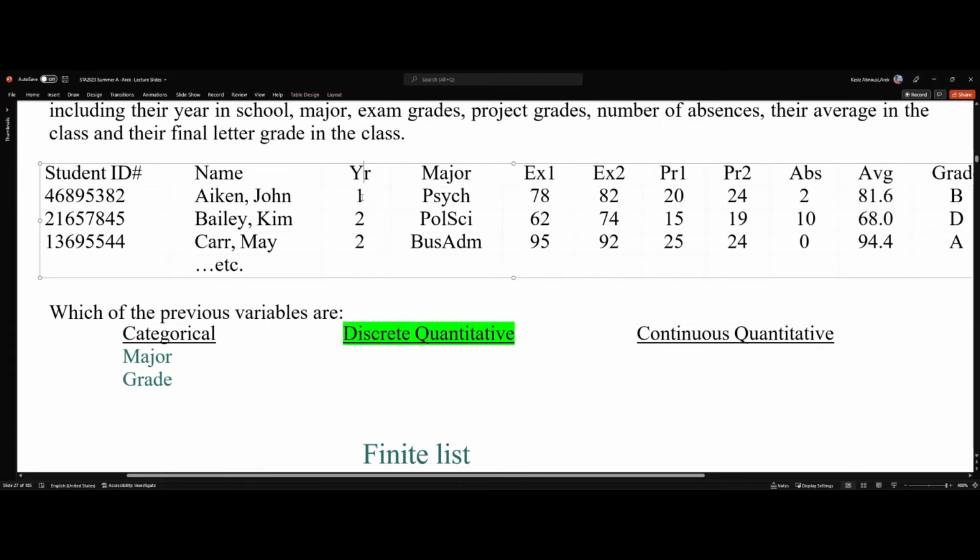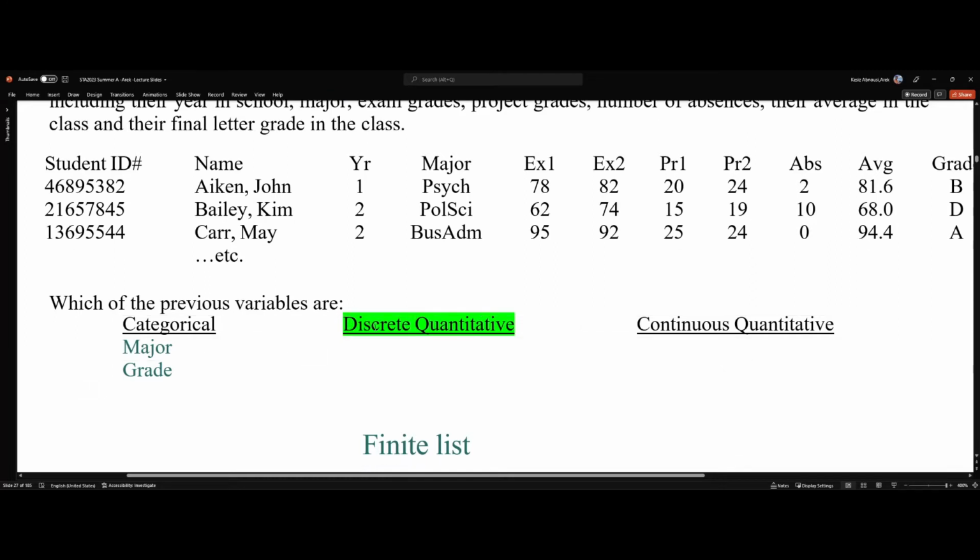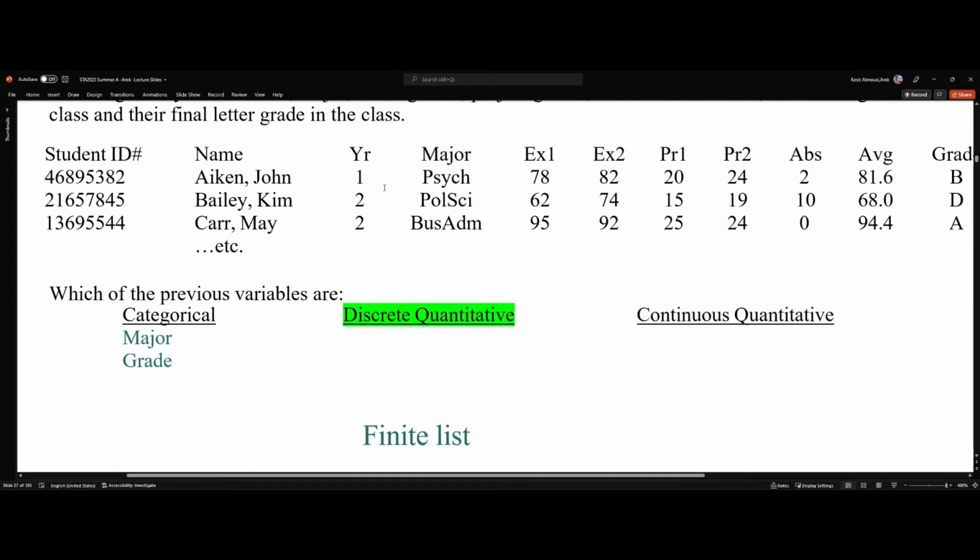So year in school takes a finite list, and it's countable, like 1, 2, 3, 4, etc. Then what else can we put over here? Oh, it's here. How many times they missed the class? Someone can't miss a class 1.5 times. That makes sense. So absences should be here in my opinion.